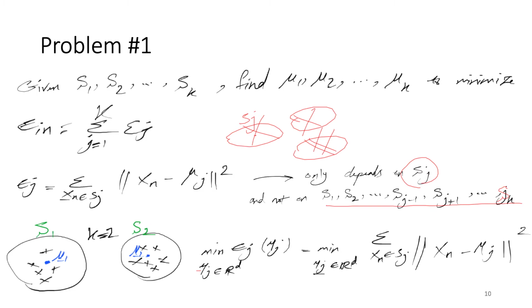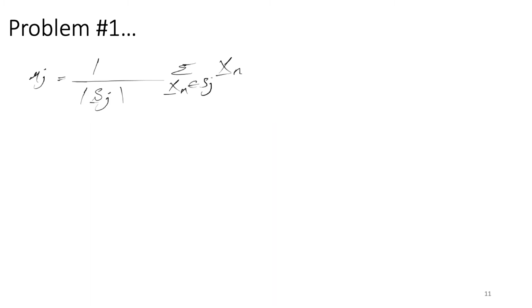Okay, now when we simplify this, we're going to come up with this equation. So for mu j, if you want to calculate each of those mu j's, it's as if you compute 1 over the size of Sj, and then you multiply that with the summation of xn's within that Sj.